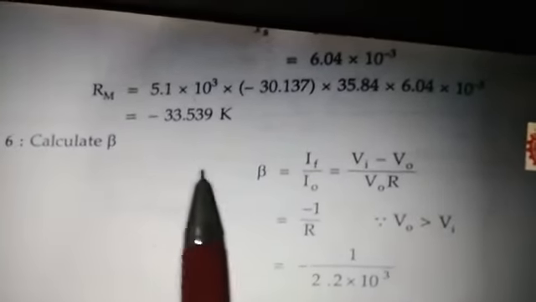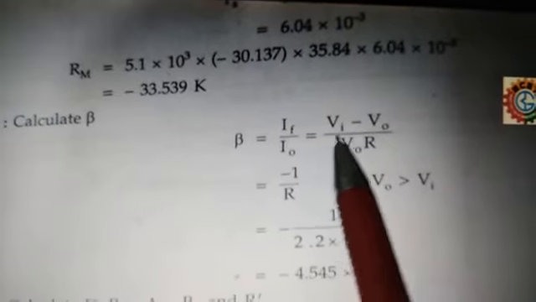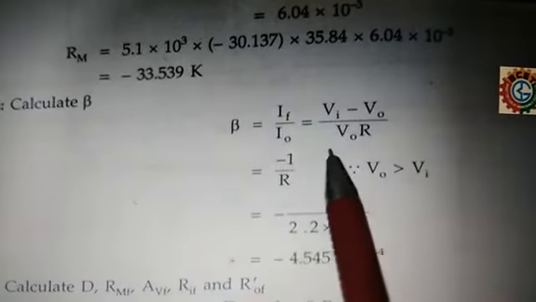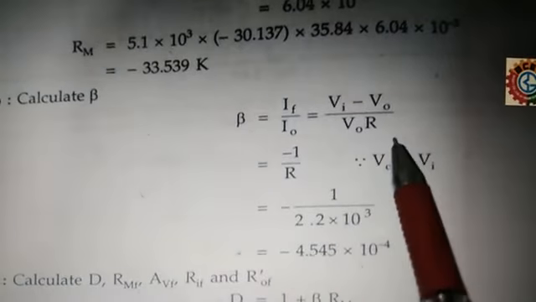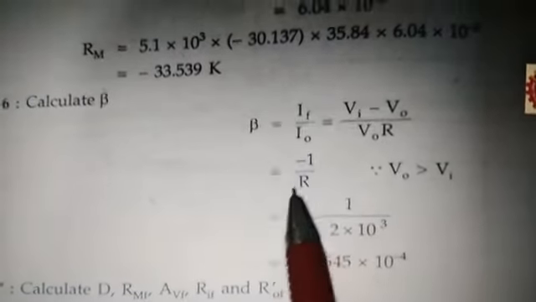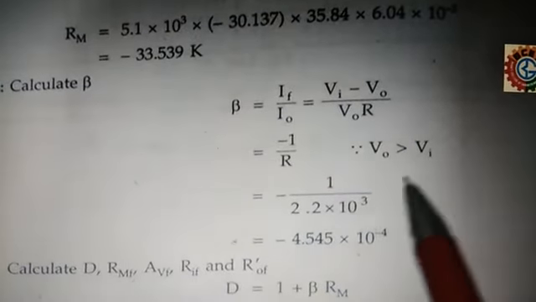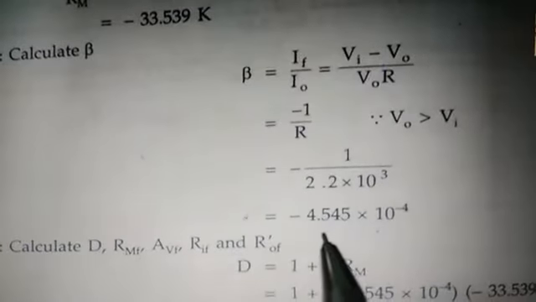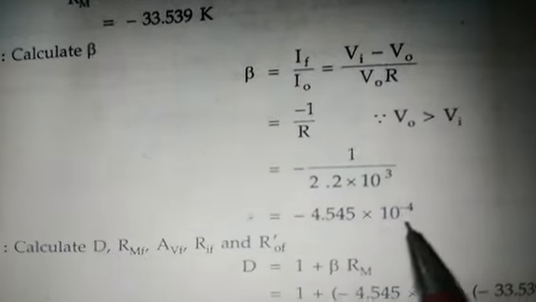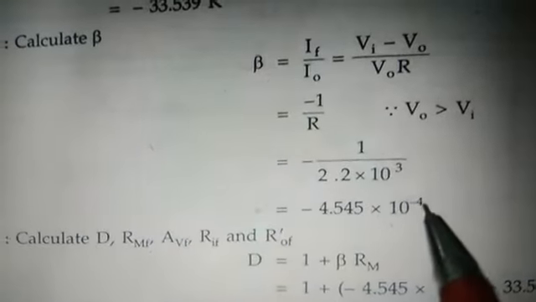This is the value of RM calculated completely, minus 33.539 kilo ohm. Then beta factor is IF by I naught. IF is Vi minus V naught and this I naught is V naught by R. This is minus 1 by R because V naught is very much greater than Vi. So this value comes to be minus 4.545 into 10 raised to minus 4.